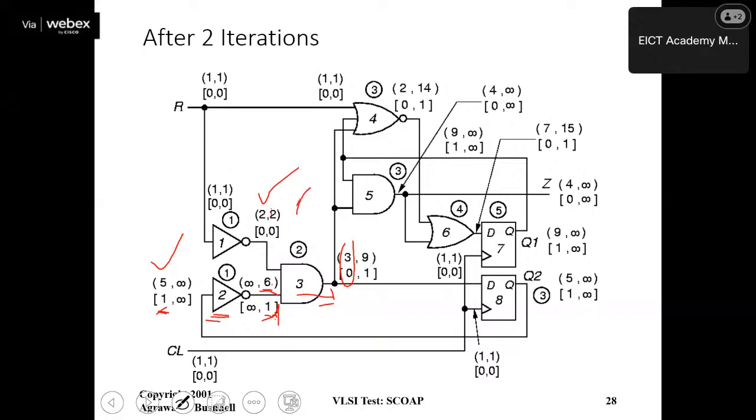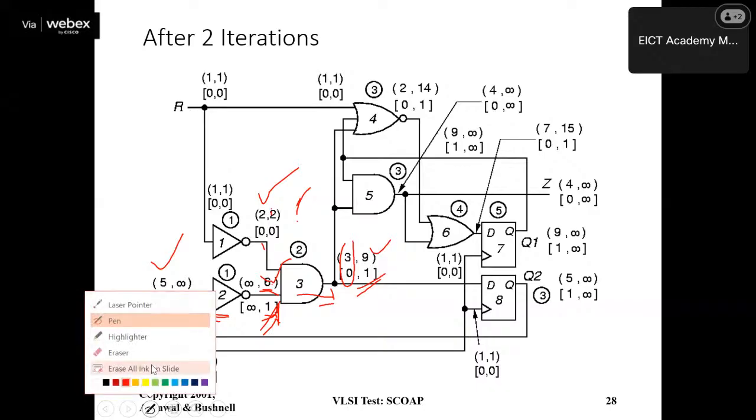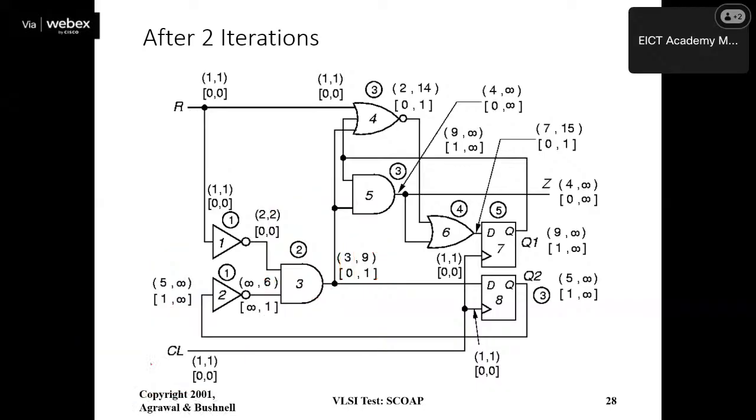CC1 of A plus CC1 of B plus 1, so that's 2 plus 6 plus 1, that is 9. Likewise, 0 plus 1 gives me 1. Likewise, we can calculate this for this one, and whatever we have for this one is applicable to this one also and this one also.